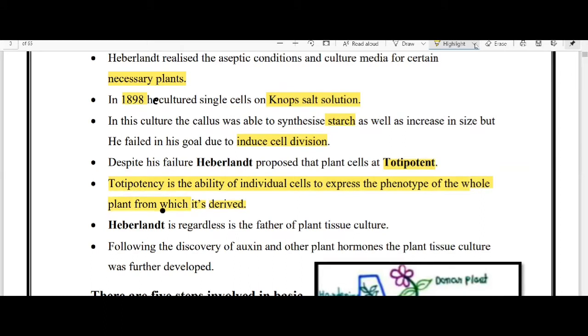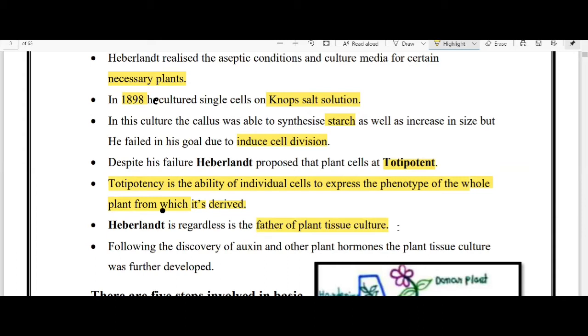This was discovered by Haberlandt, and this potential of the cells dividing and expressing their own phenotype into the whole plant is called totipotency. So in short, plants do not have stem cells. In fact, all the cells in the plant are stem cells, but in humans or in any animals, there are stem cells which are totipotent. Haberlandt is thus known as the father of plant tissue culture.